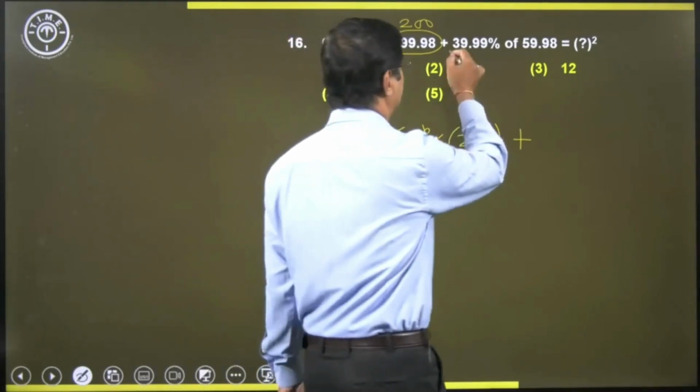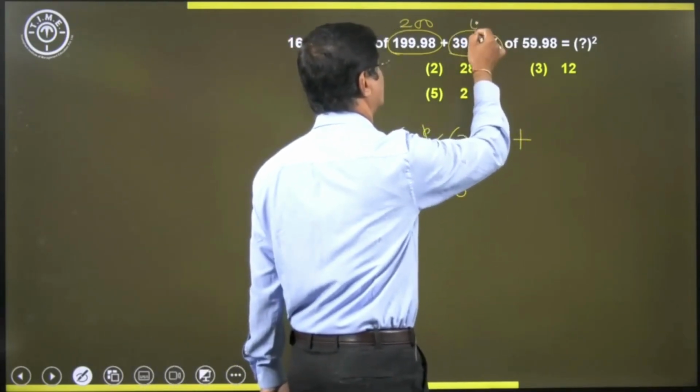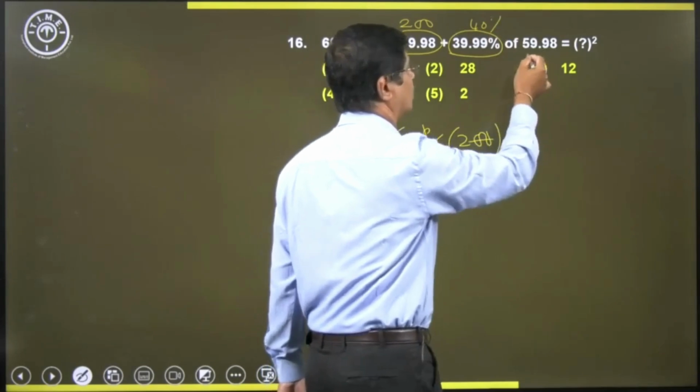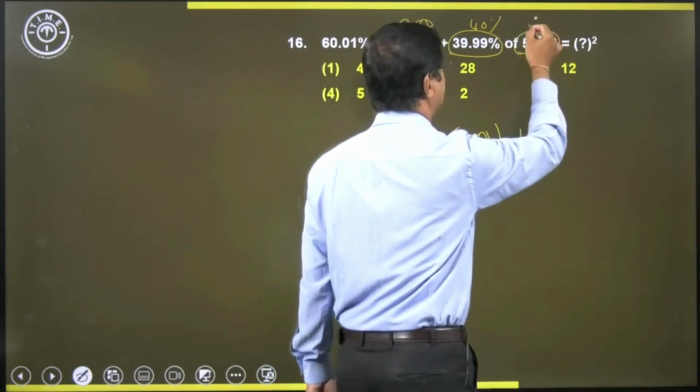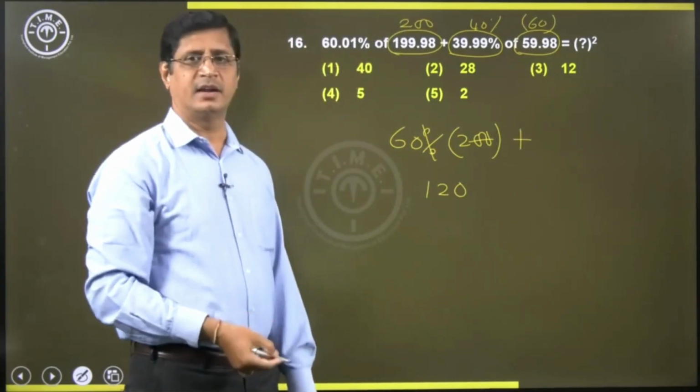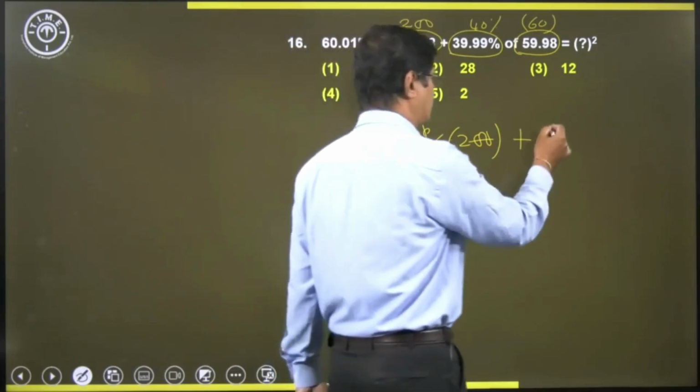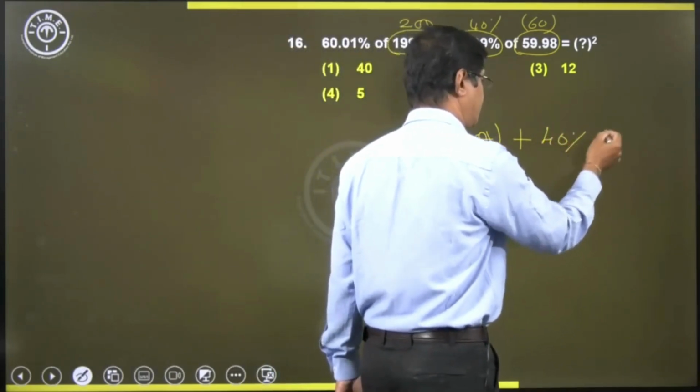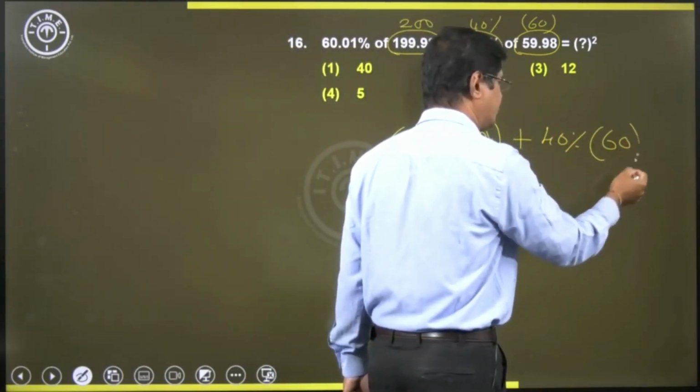39.99%, which is equal to 40. 40% of how much here? 59.98, that is 60. So 40% of 60. Percentage and zeros we can cancel.